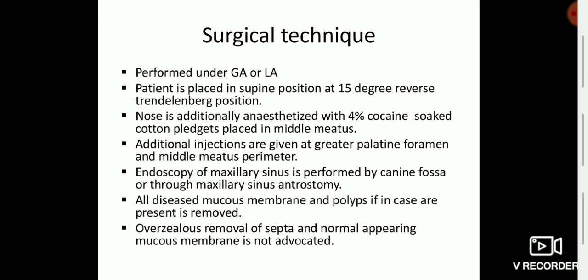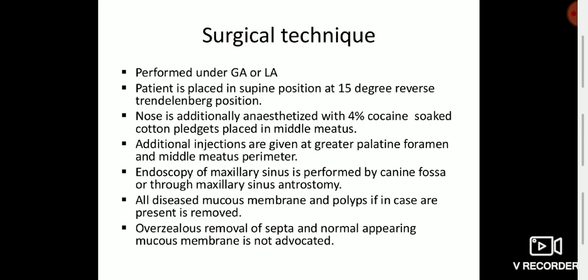Coming to the surgical technique. It is performed under general anesthesia or local anesthesia. The patient is placed in supine position at 15 degrees reverse Trendelenburg position. The nose is additionally anesthetized with 4% cocaine soaked cotton pledgets placed in the middle meatus.